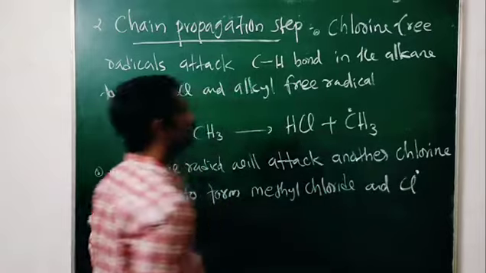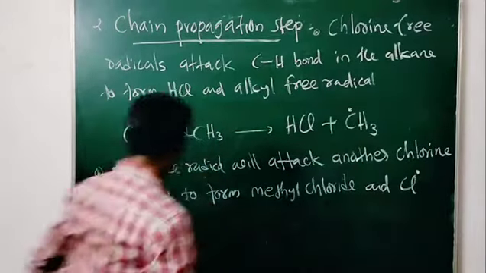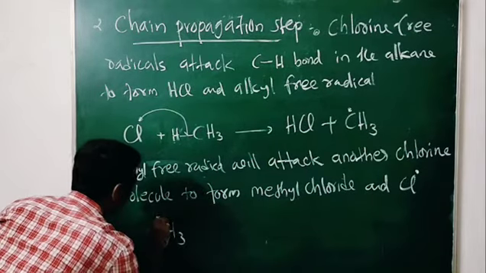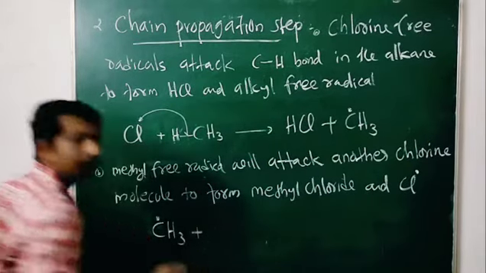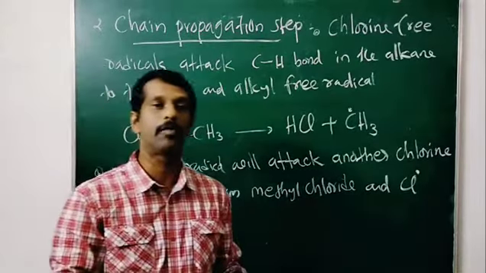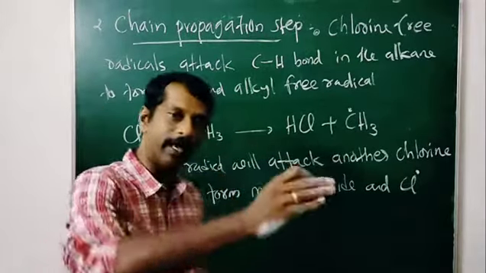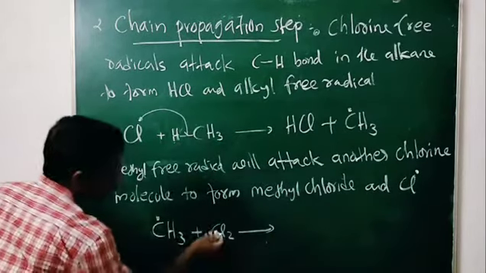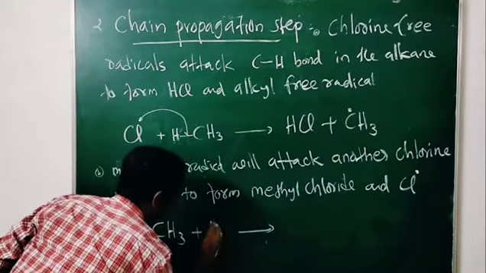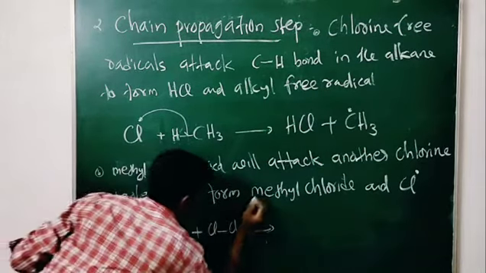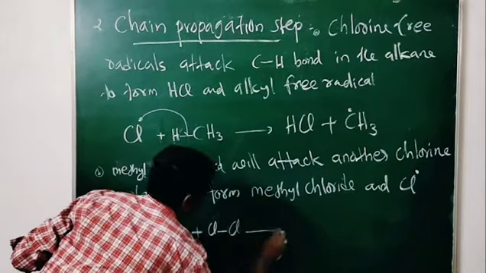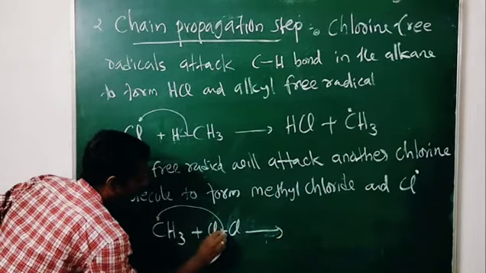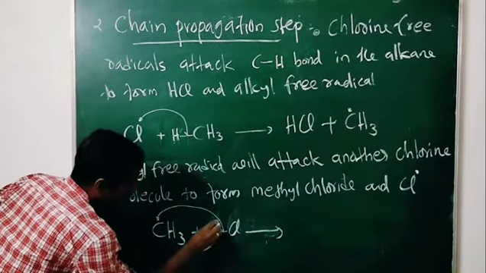What is the meaning of this? This CH3 free radical will attack another, undissociated chlorine molecule, Cl2. That means Cl2 can be written as Cl, Cl. This CH3 free radical will attack this bond. So what will happen? This will change into Cl free radical.